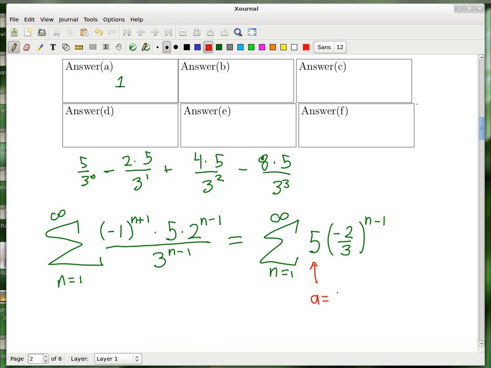Maybe you're saying preposterous. But it is a geometric series, because I have the a here, the constant factor, which is 5. Why did I write 1? Just to keep you on your toes. So the constant factor is 5, and then the common ratio, the thing that gets raised to the power, is r, and r here is minus 2/3.